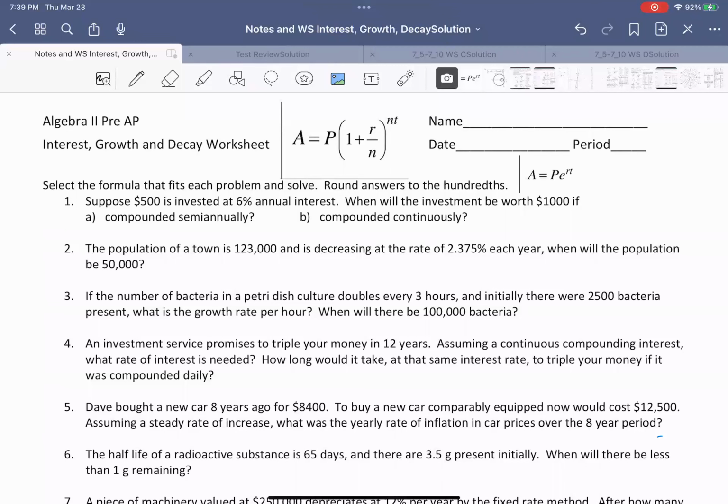Semi-annually. You definitely need your smart calculator to help you.